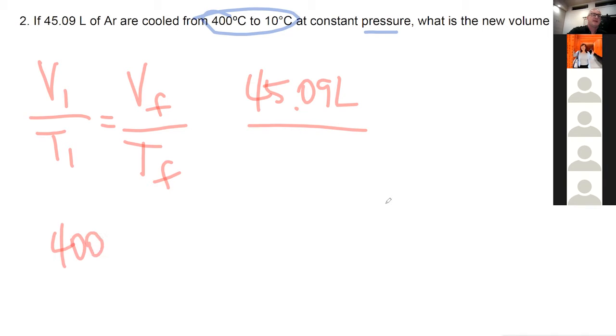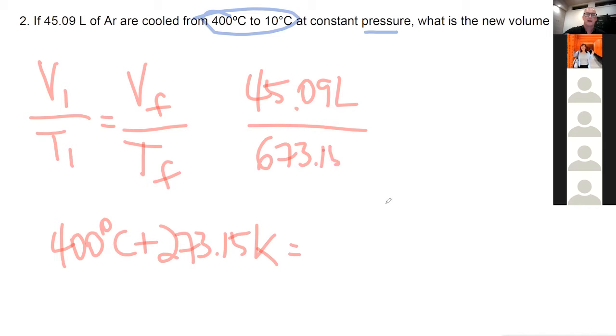So you got that by taking 400 C, and what did you add to it? 273.15. That's right. That's the conversion. So it's 673.15 K.